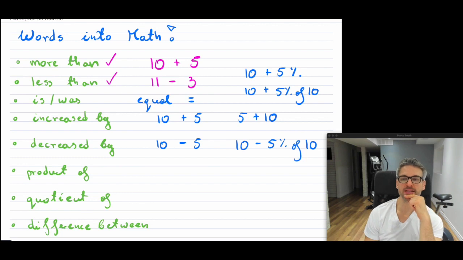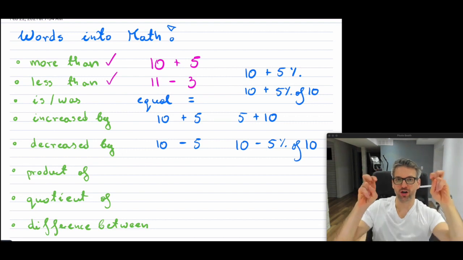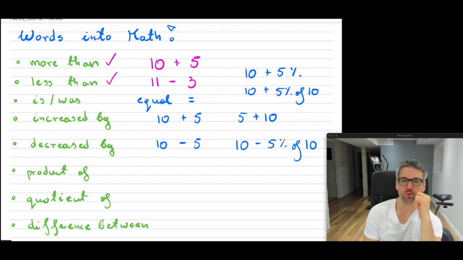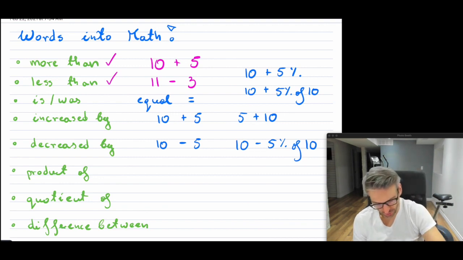Now, this brings something up: you're going to start seeing the word "of" here. "Of" typically means multiply in math, so it means multiplication. So be careful as you're reading word problems and you see that word "of," you can translate it back to multiplication. Those are the increases and decreases.